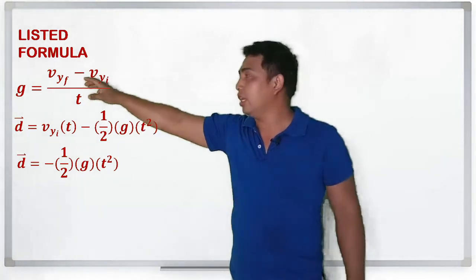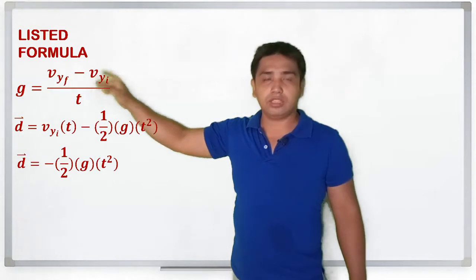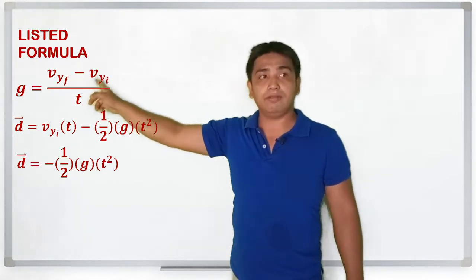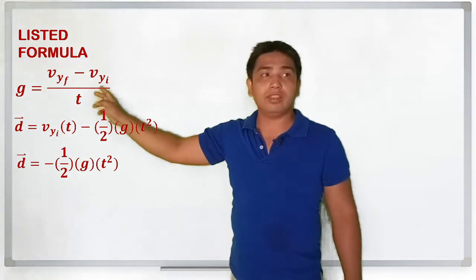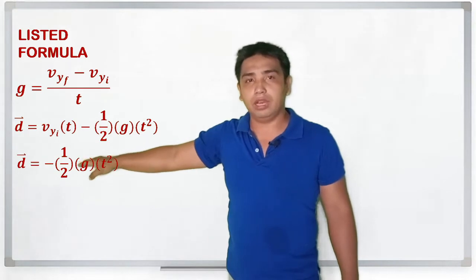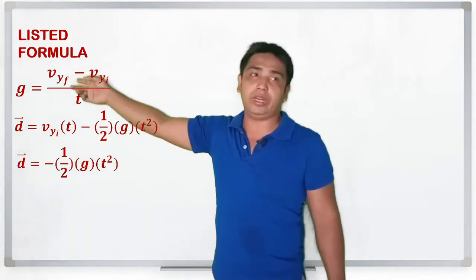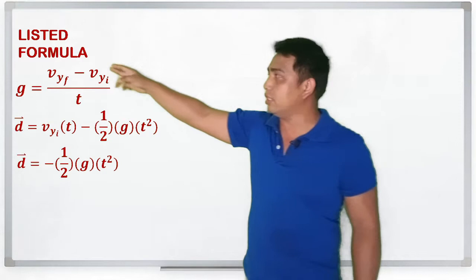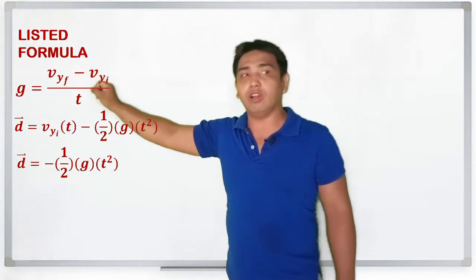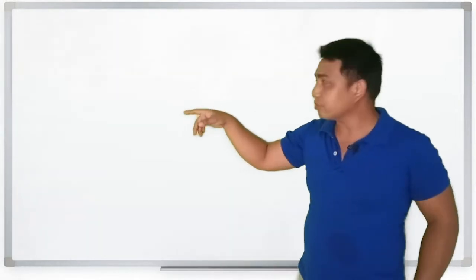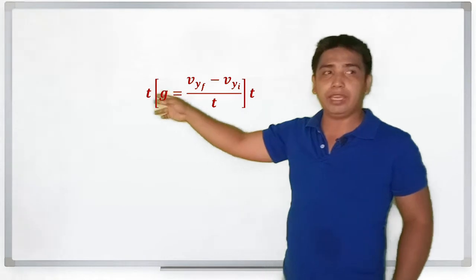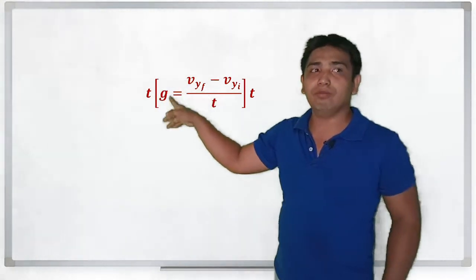So we know that the acceleration due to gravity is equivalent to Vyf minus Vyi all over time. Alright, and then there are other possible equations that we can use, but we will use this one, because in this equation you will see that time is readily solvable. So we solve for the time by cross multiplying time to both sides.